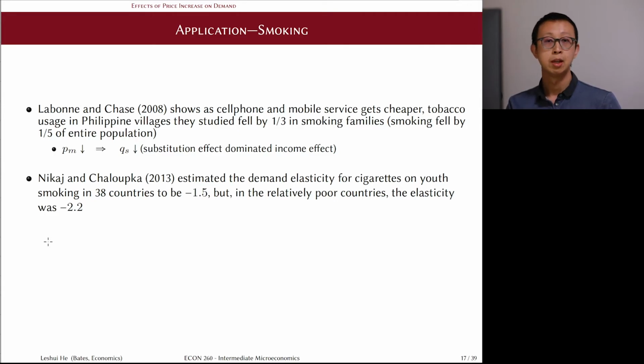We can imagine a representative consumer choosing between cigarettes versus all other consumption. As the price of cigarettes increases, the substitution effect leads the consumer to switch away from cigarettes, which is harmful, towards other forms of consumption, and that is a good thing.